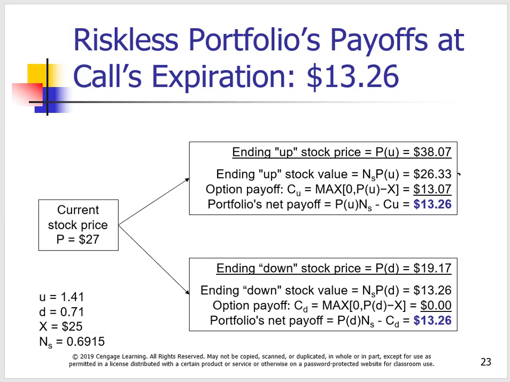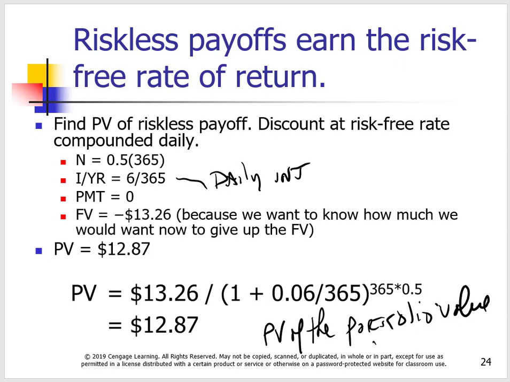In addition, if the stock price went down, you do the same math. Again, we would end up with $13.26. So in this case, by buying that hedge portfolio, 0.6915 shares, that would create a situation where no matter where the stock goes, we would have an equal payoff by the portfolio.